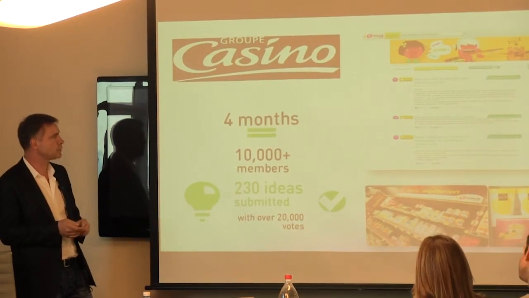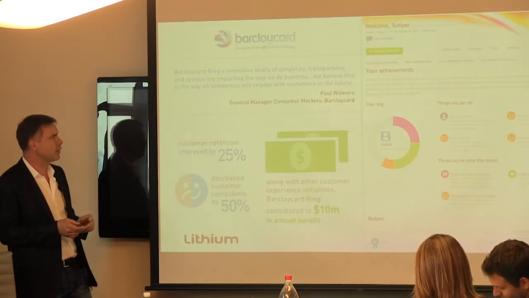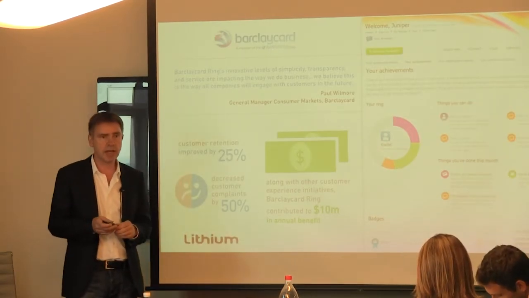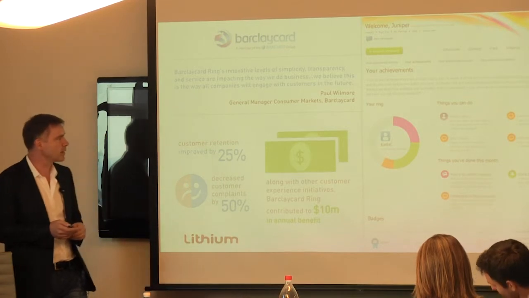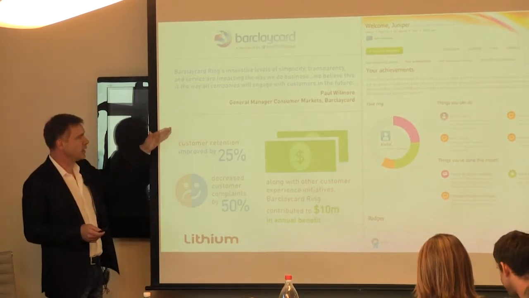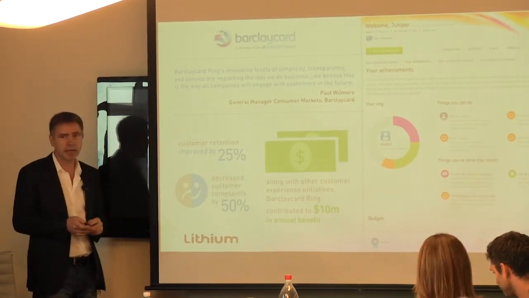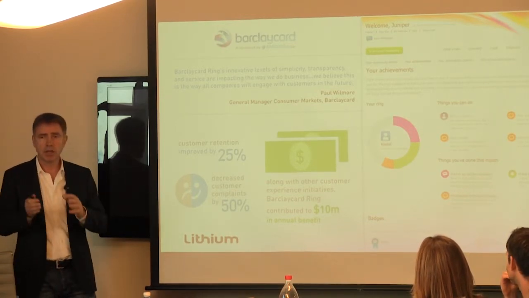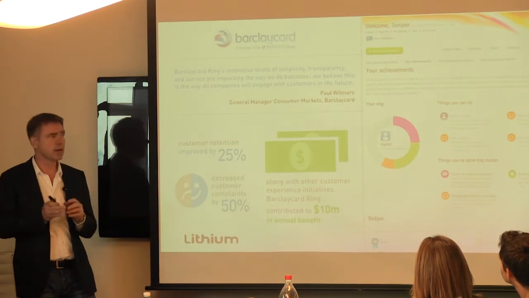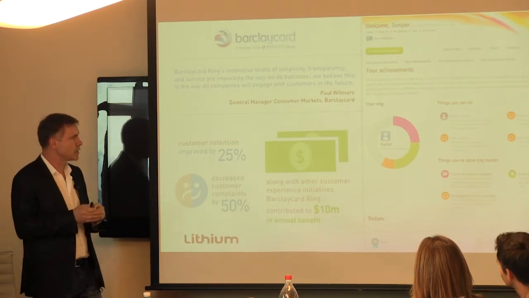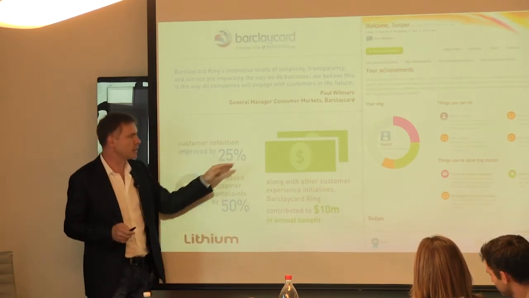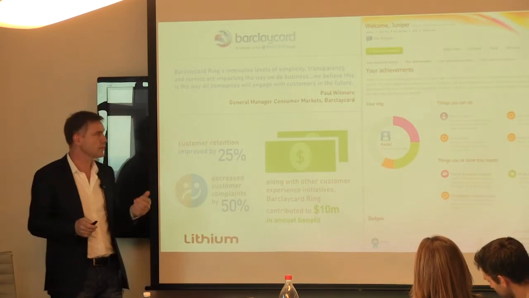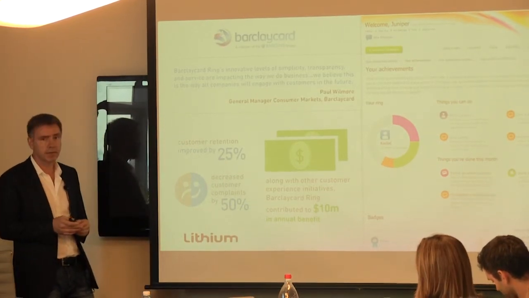of Casino Group. Another example of innovation or ideation is Barclays Bank. Barclays Bank is producing white label credit cards, and they're using the communities to design the features of their credit cards. So, for example, the credit card of Walmart is a credit card of Barclays.